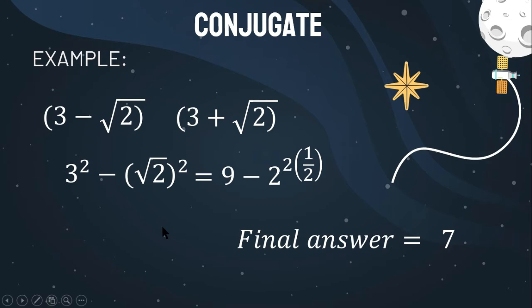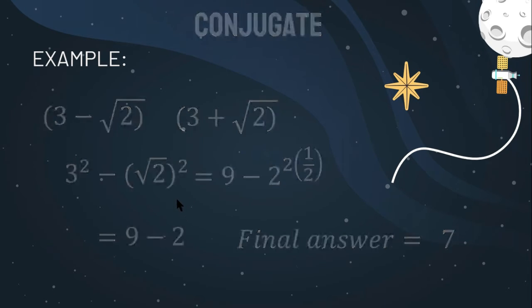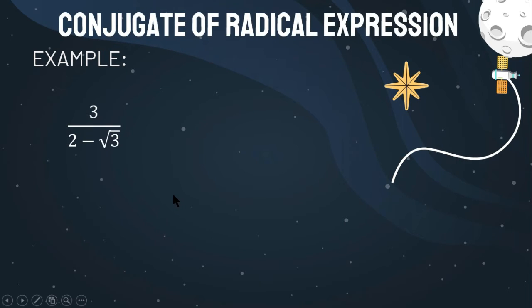Okay, we can now proceed to the last method. We have 3 over 2 minus square root of 3. Now, let's use the conjugation. So the conjugation of 2 minus square root of 3 is 2 plus square root of 3, of course. And then multiply the numerator and the denominator by it.